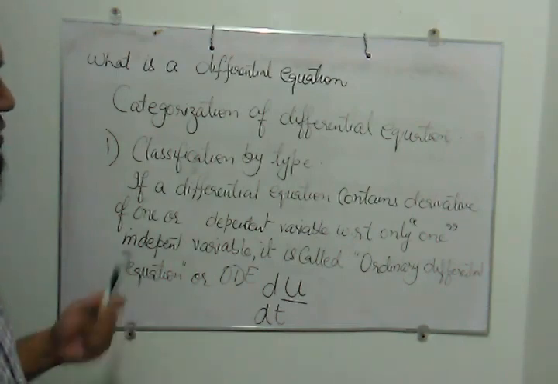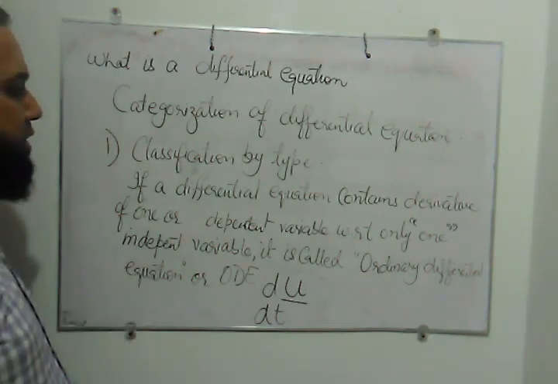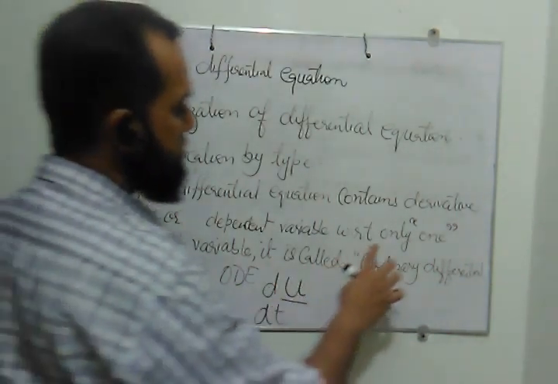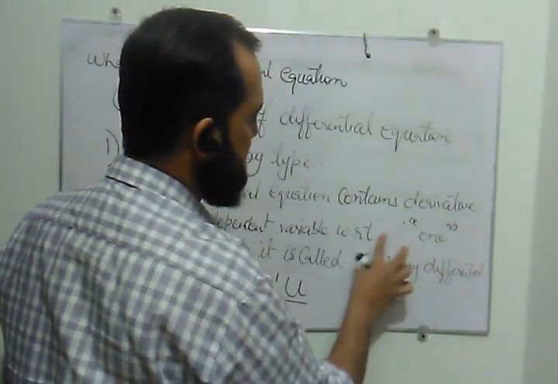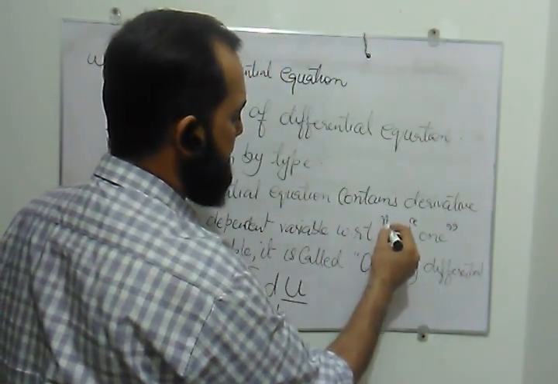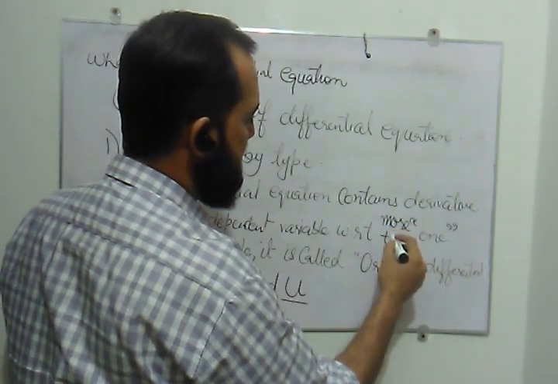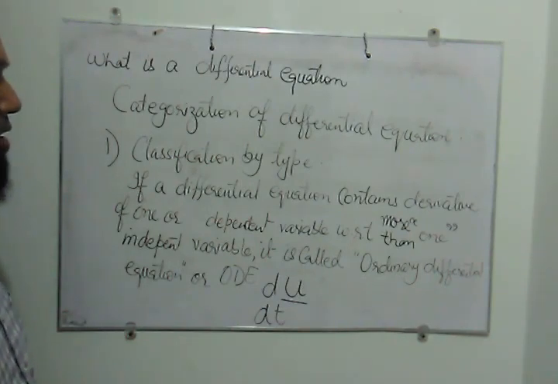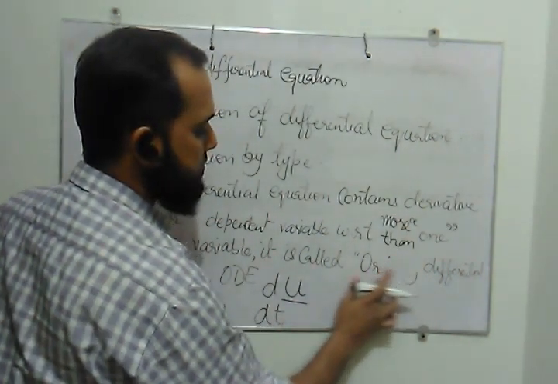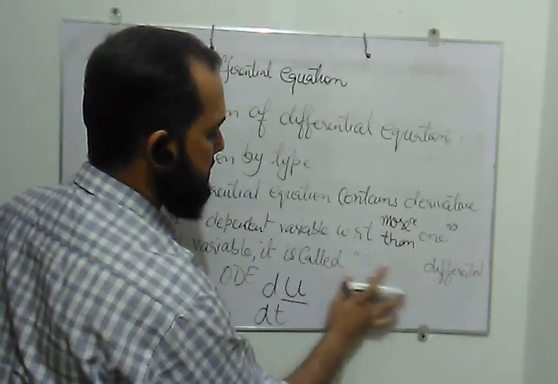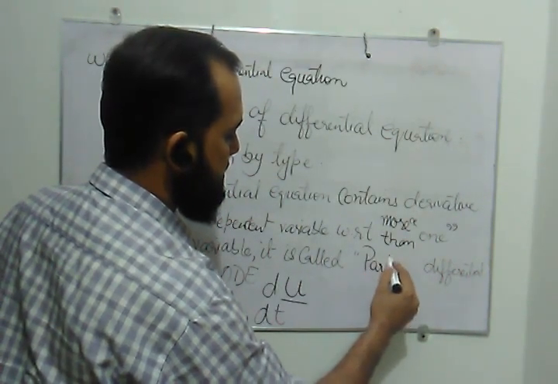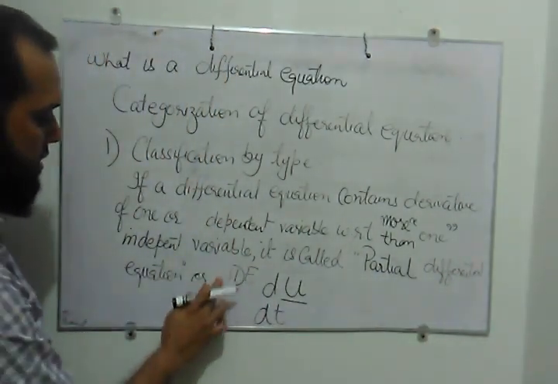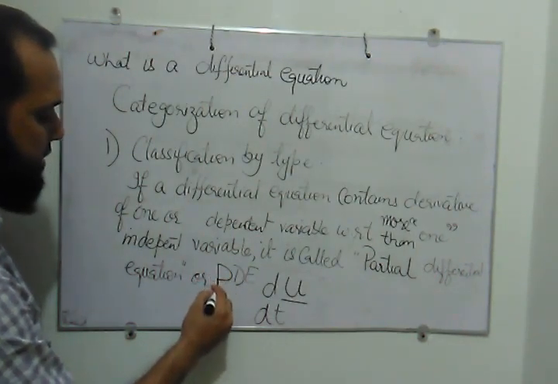In contrast to this, if a differential equation contains derivatives of one or more dependent variables with respect to more than one independent variable, then it is called a partial differential equation or PDE.